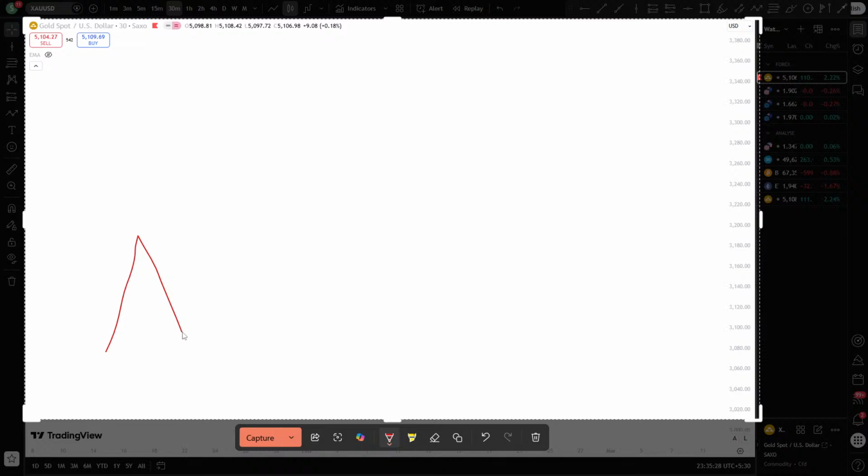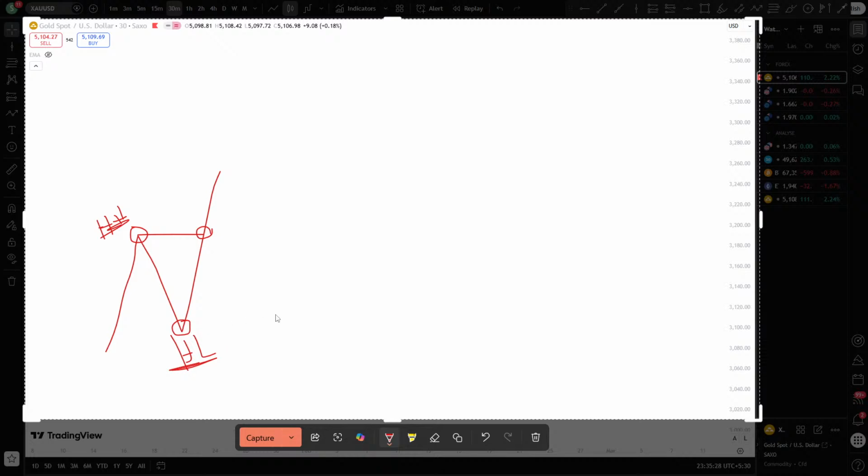Okay, the only time that we are going to have this higher low is when the market gives us a breakout here. If the market does not give us a breakout here, we are not going to consider this point as our higher low.